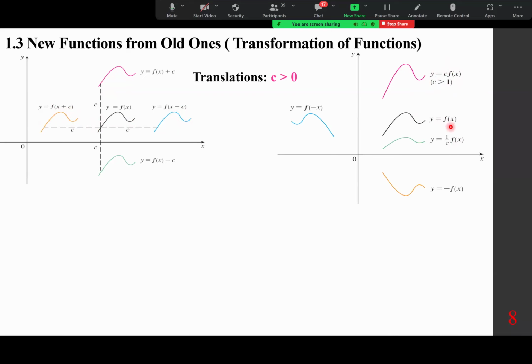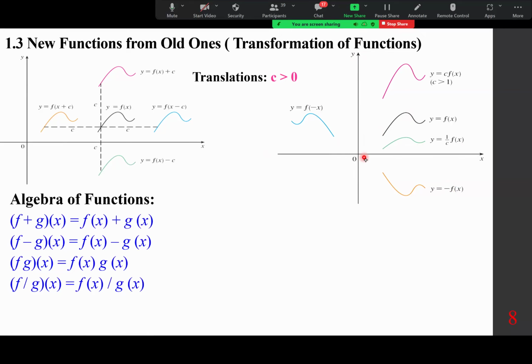And if it's 1 over c, it gets shrunk by a factor of c. If you happen to have minus f of x, you flip it over with respect to x. If you say f of minus x, you flip it over with respect to the y-axis.